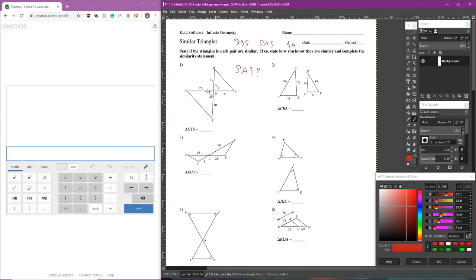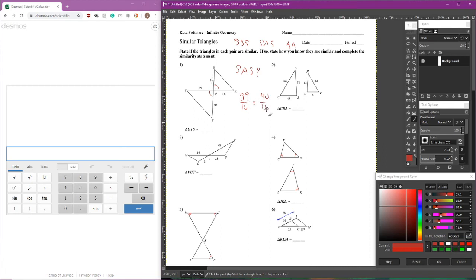Let's look at this smaller side right here, 39. And if we go over to the other triangle on the same line, we have 16. So 39 over 16. And we're going to wonder if it is the same proportion as those other two sides. We've got 40, and if we follow that line up, we also have 16.